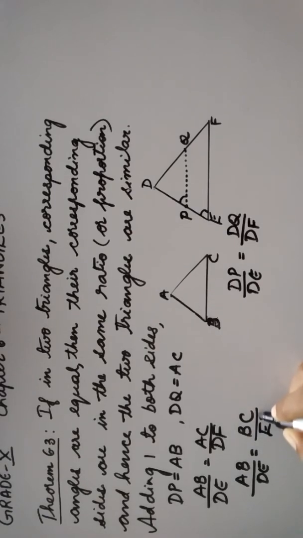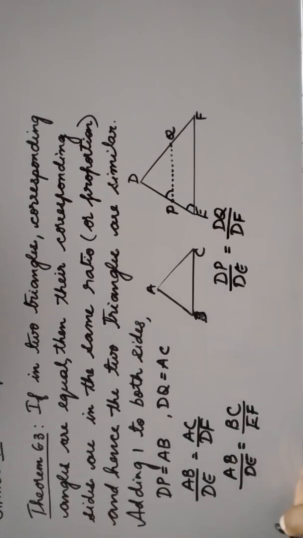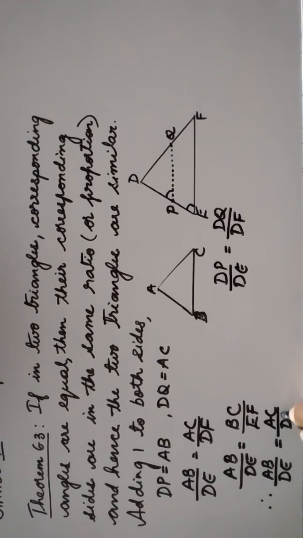Therefore, AB by DE is equal to AC by DF, which is equal to BC by EF.